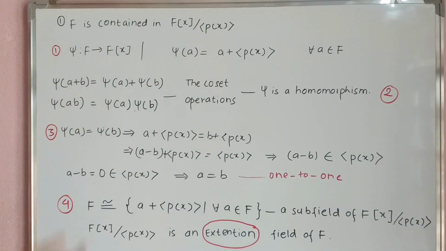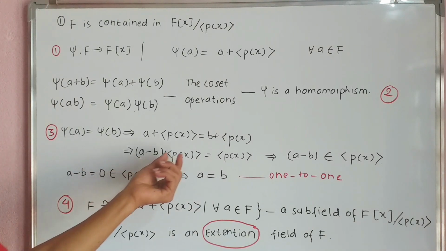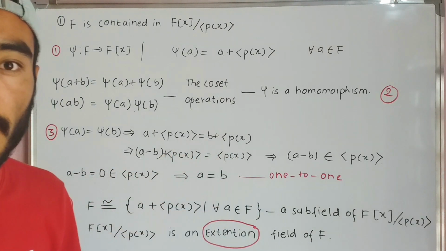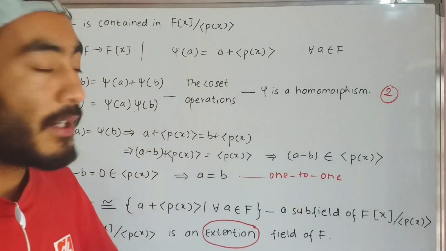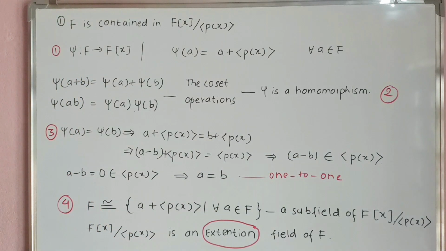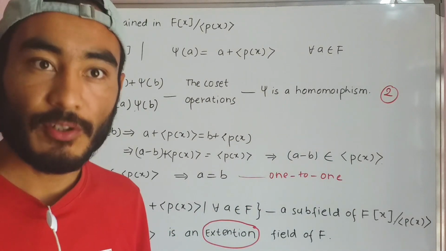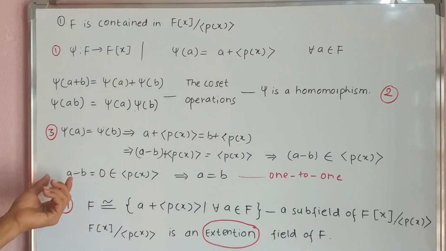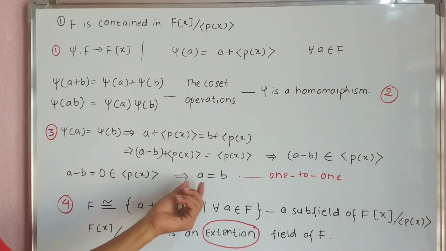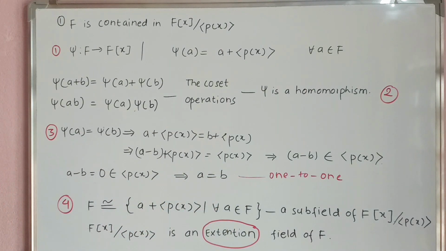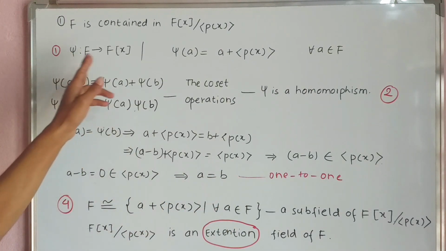Third, we have xi(a) equals xi(b) implies the coset a plus <p(x)> equals the coset b plus <p(x)>. And this implies a minus b plus <p(x)> equals <p(x)>. Here a and b are constants in F[x], and the only constant in the ideal <p(x)> is 0. So we must have a minus b equals 0, and this implies a equals b, and this shows xi is a one-to-one function from F to F[x] by <p(x)>.